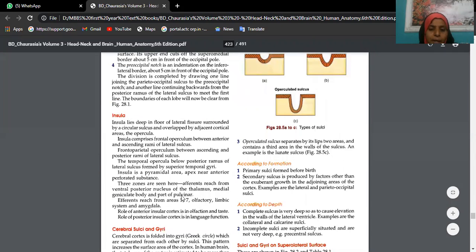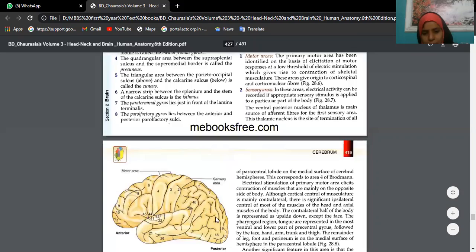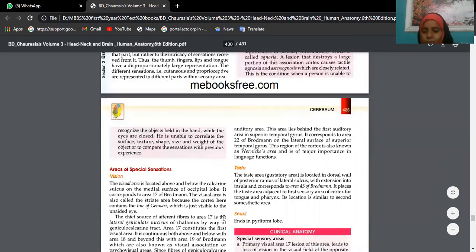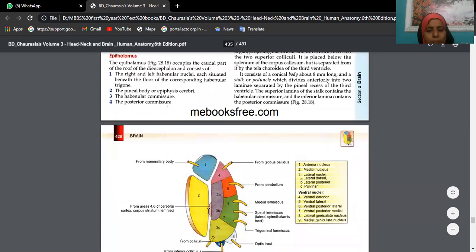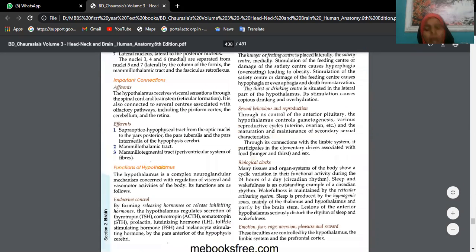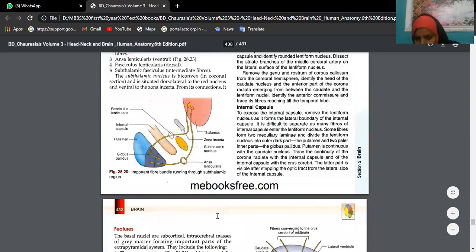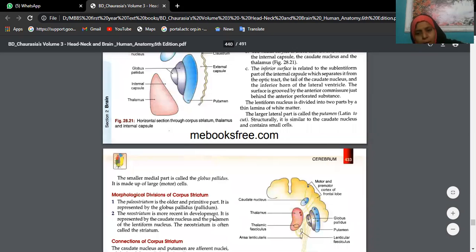Now, for the interpeduncular fossa diagram, do you have any special neuroanatomy book, beta, other than Chaurasia? In fact, Chaurasia is more than enough. Take Vishram Singh only for diagrams.